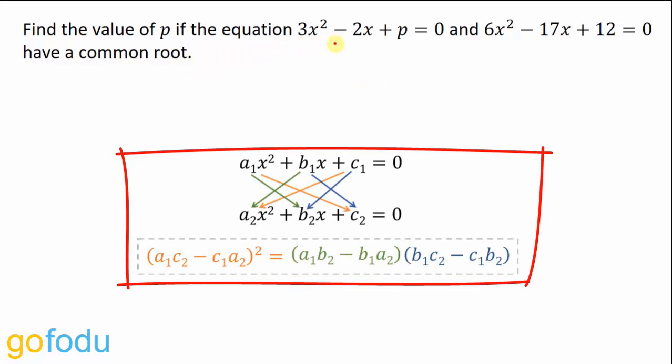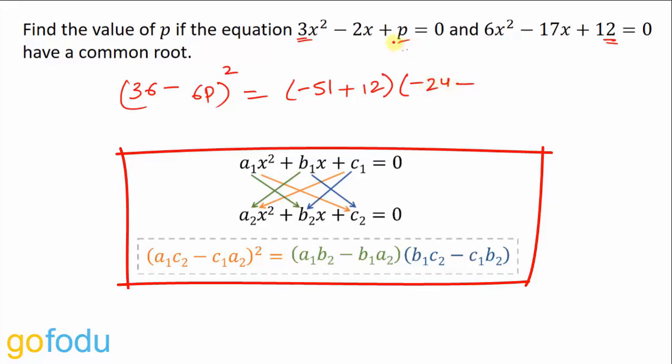And that would be 3 into 12, that is 36, minus p into 6 minus 6p whole square, which will be equal to 3 into minus 17, that is minus 51, minus minus 2 into 6, that would be plus 12, into minus 2 into 12, that is minus 24, minus p into minus 17 would be minus 17p, that would be plus 17p.